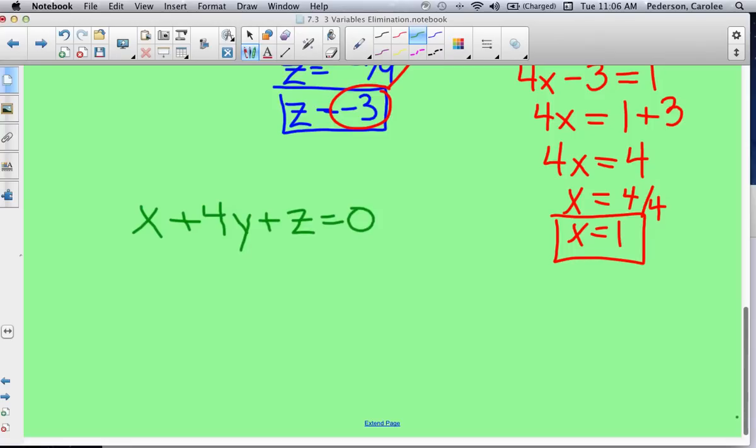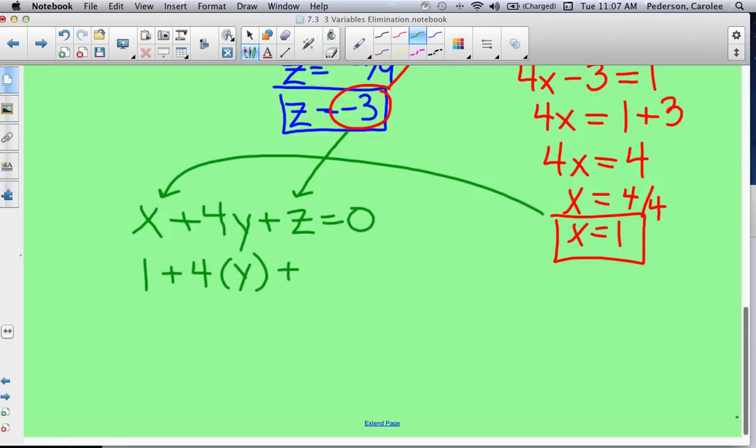Now we're going to substitute negative 3 in for z and 1 in for x. So x is replaced with 1, y is still left alone, and z is negative 3.